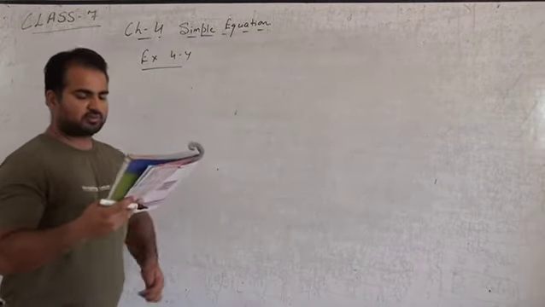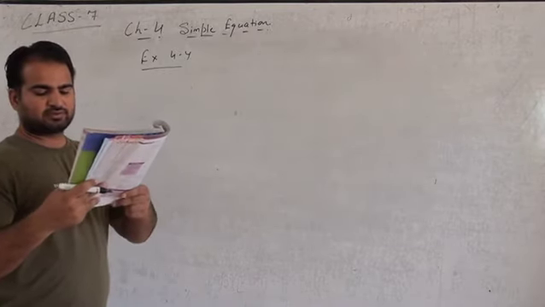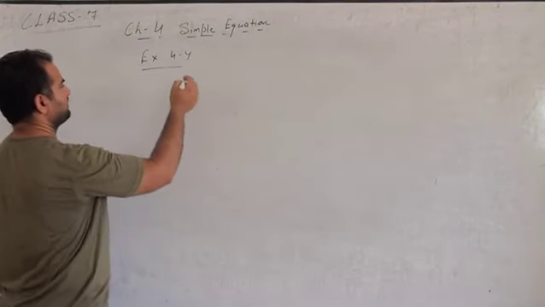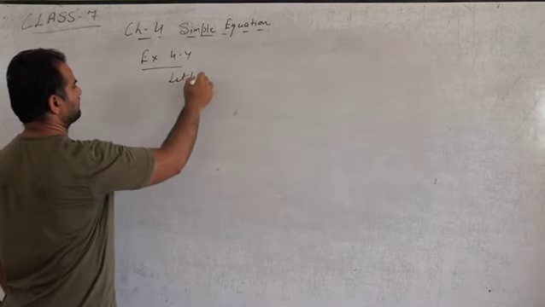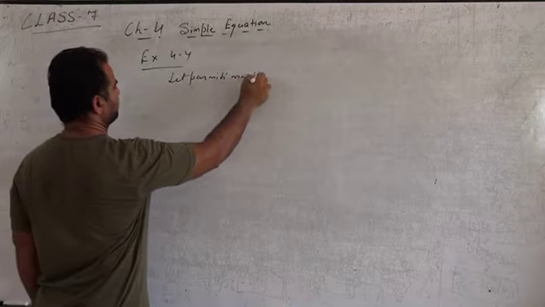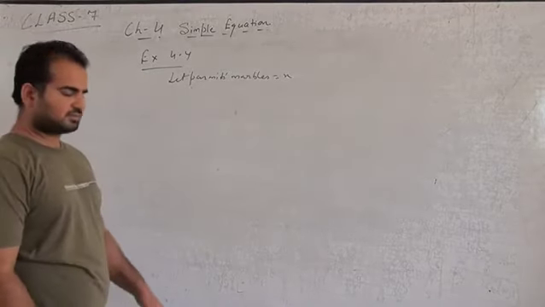Question number 3, part number 1. Irfan says that he has 7 marbles more than 5 times the marbles Parmeet has. So let Parmeet's marbles equal x.